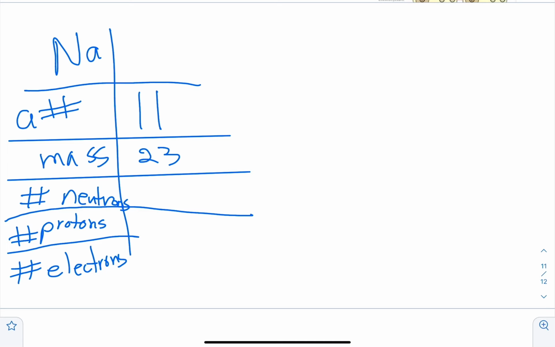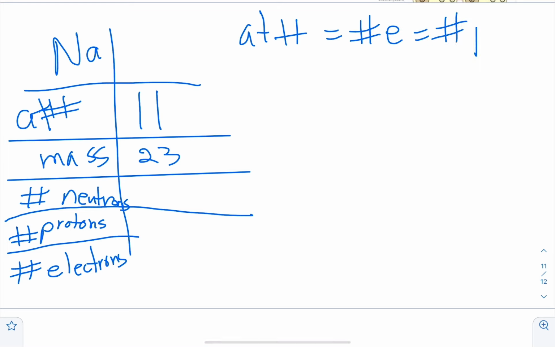Now, how do we find them? Remember, atomic number, as I said, is equal to the number of electrons and equal to the number of protons. Essentially it is the same thing, atomic number and proton number.